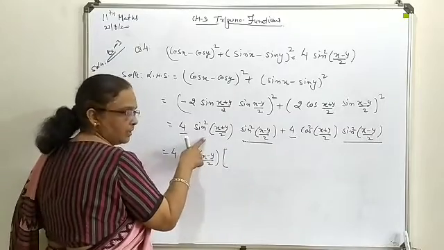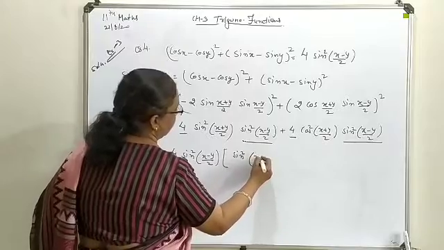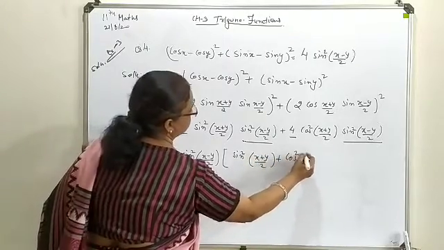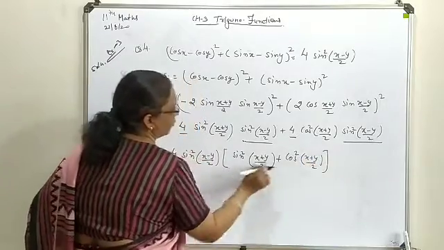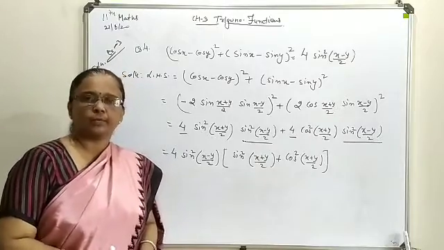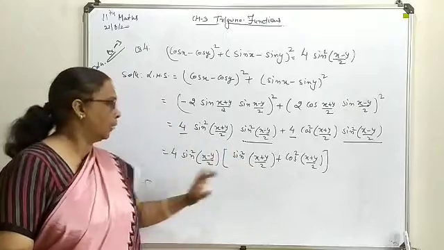Inside the bracket, this remains with the plus combination, that is sin square (x plus y upon 2) plus cos square (x plus y by 2). If you look at these two, angles are same with sin square and cos square combination. So being an identity, it will turn to 1.